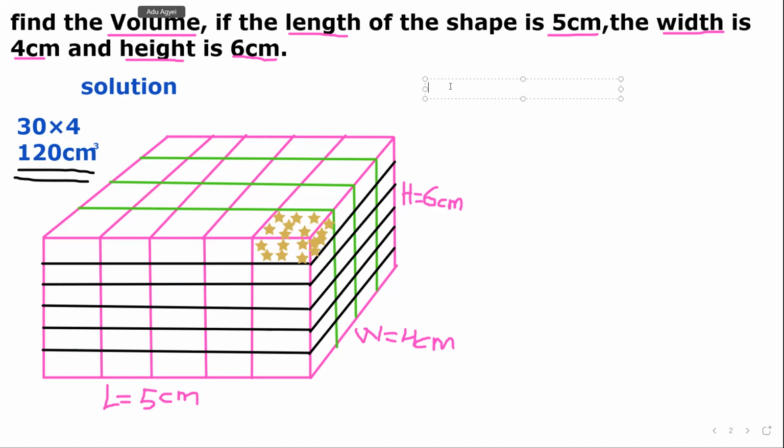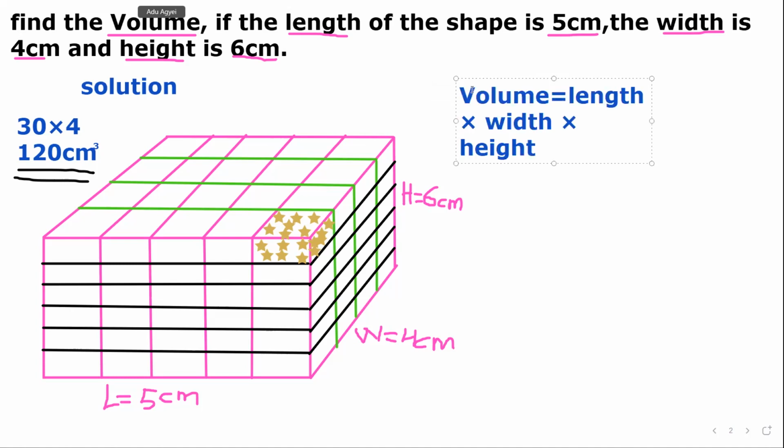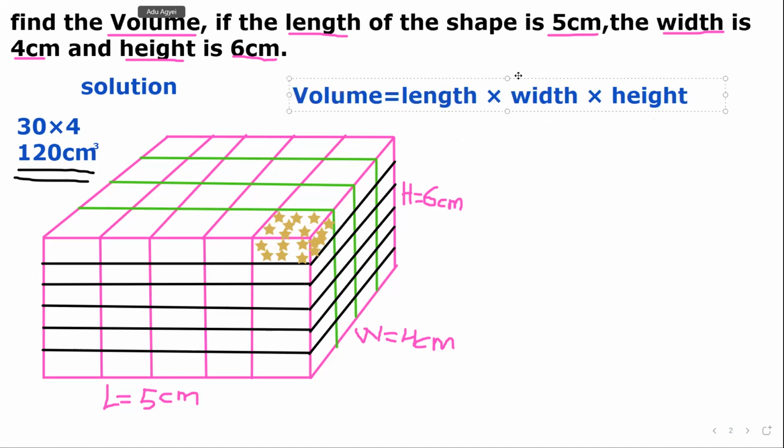So here, under the formula, the volume is equal to the length of the shape times the width of the shape here. So we have this one.